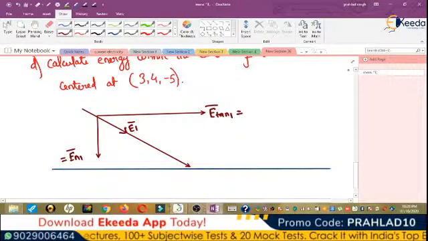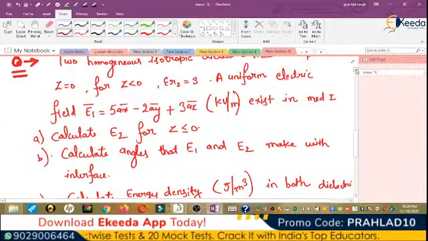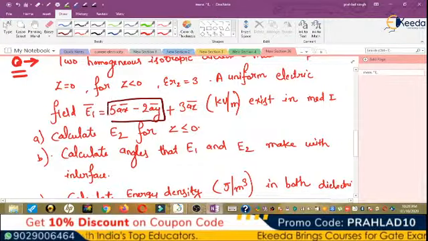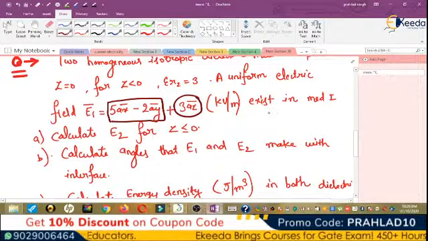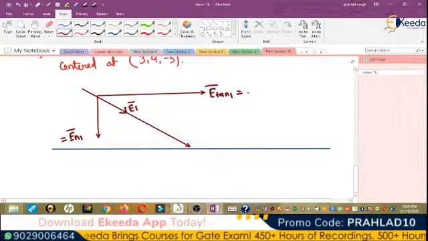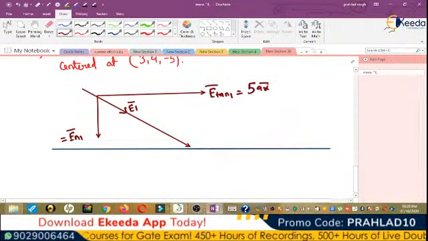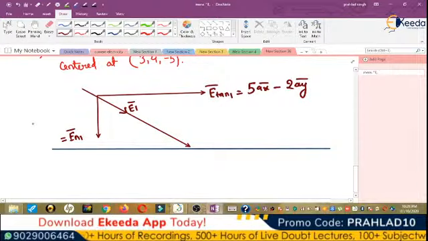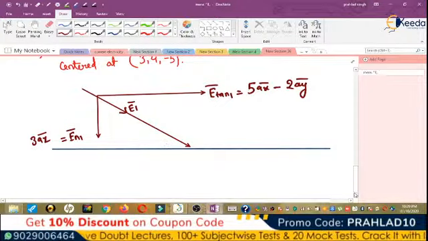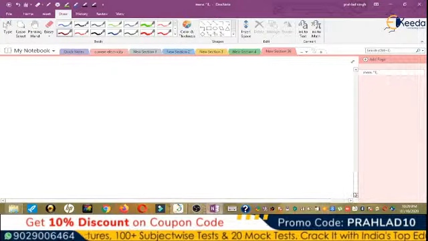The boundary is given by z, so this component is tangential and this component is normal. So it is 5ax minus 2ay, this is the tangential component, and the normal component is 3az. This is how we resolve this component.